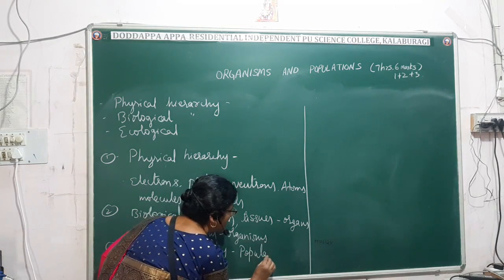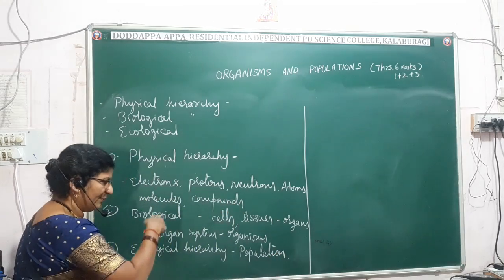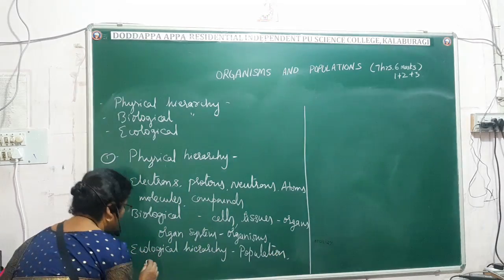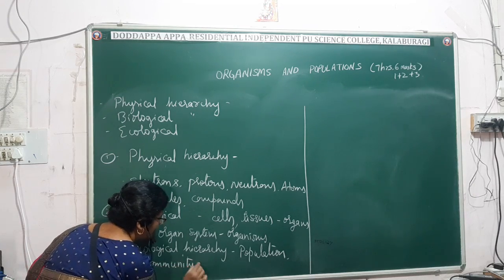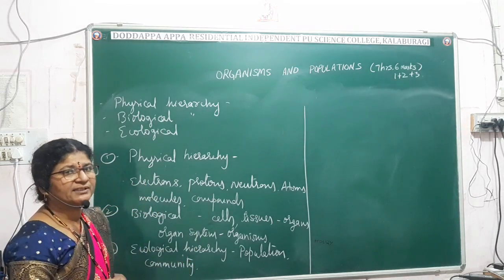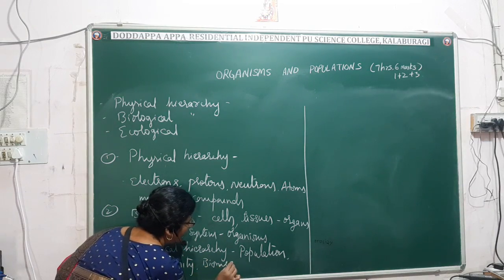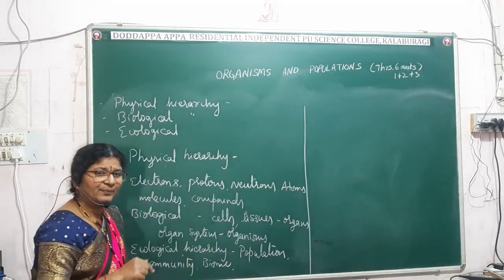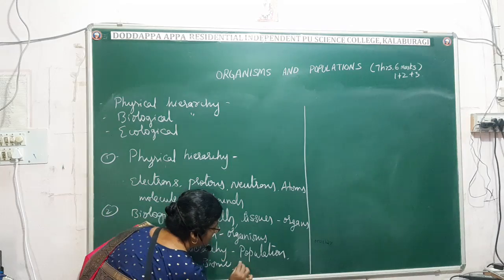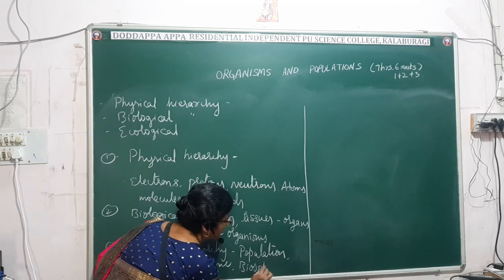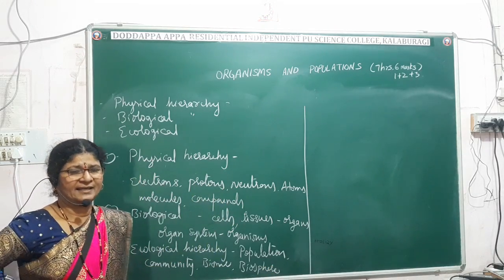Many populations together constitute the community, many communities together form the biome, and many biomes together constitute the biosphere. So this is the ecological hierarchy.